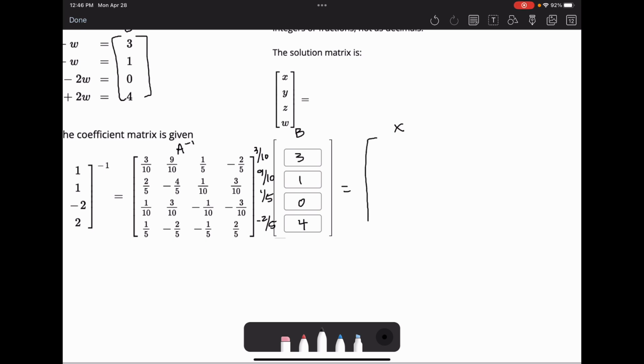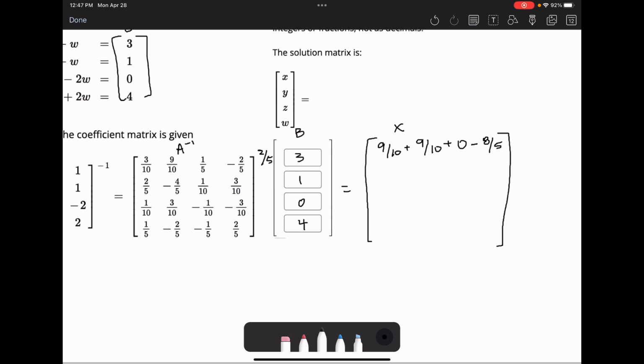So this is our top row, and it's the only column that we have. So this would be 9/10 plus 9/10 plus 0 minus 8/5. And I will simplify that in a minute. Now we do the second row.